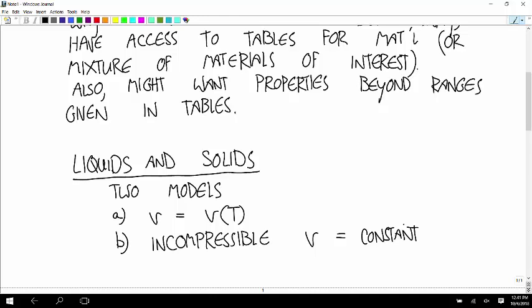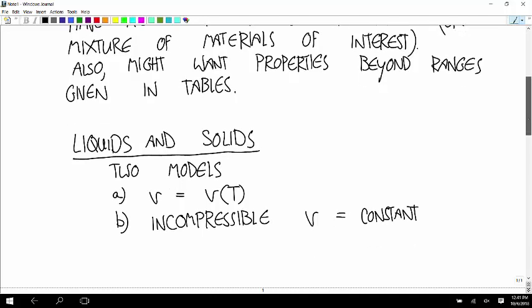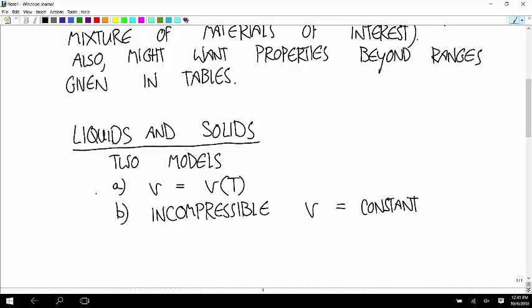So far, if you dealt with any kind of thermodynamic stuff in your physics class, you most likely treated liquids as incompressible. If you remember talking about the density of water, for example, water has a density of 1,000 kilograms per cubic meter, or 1 gram per cubic centimeter.